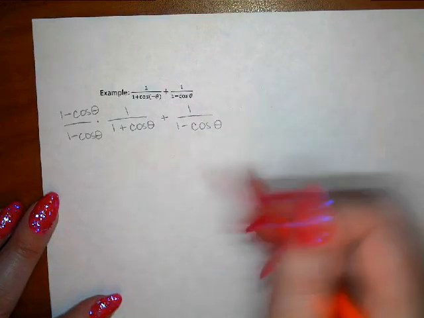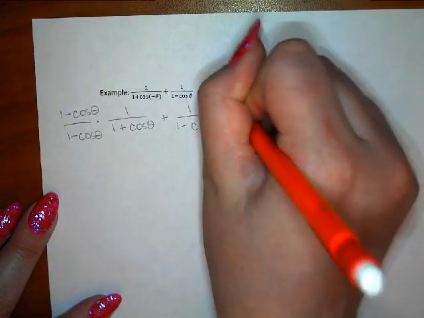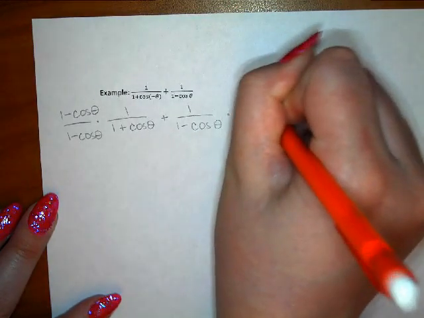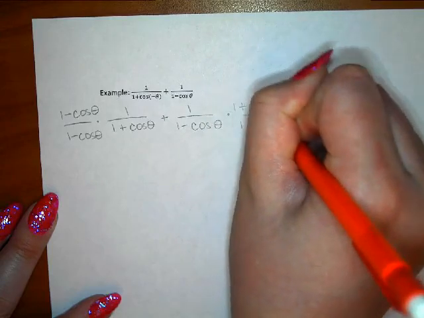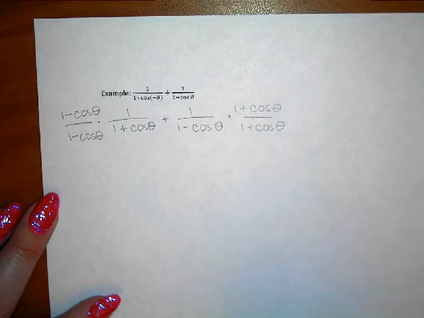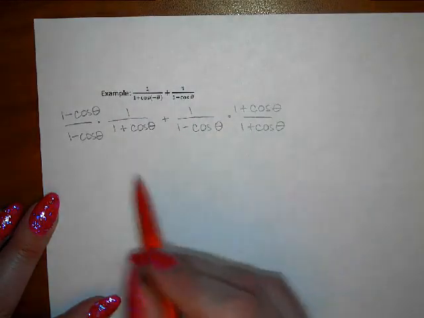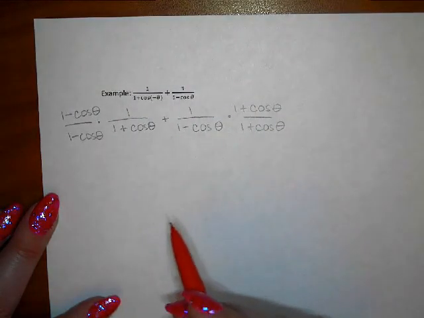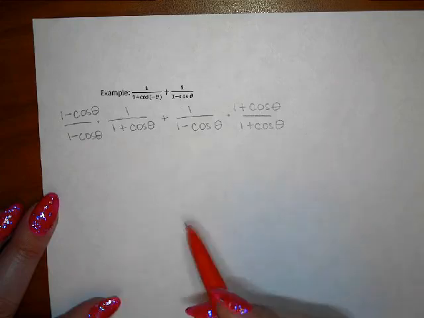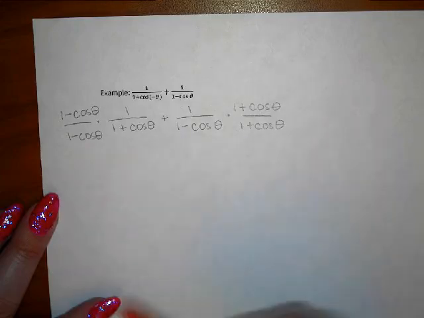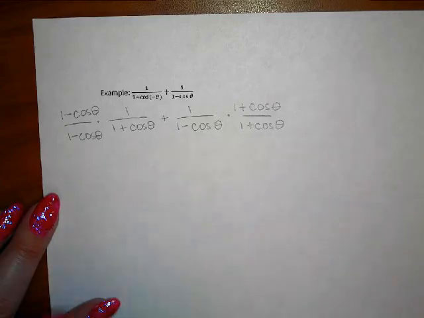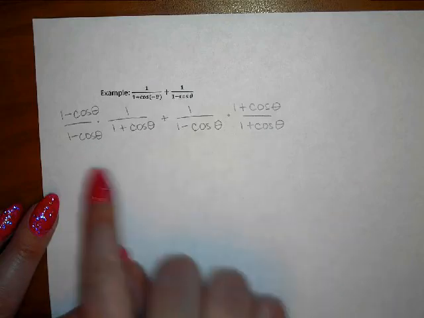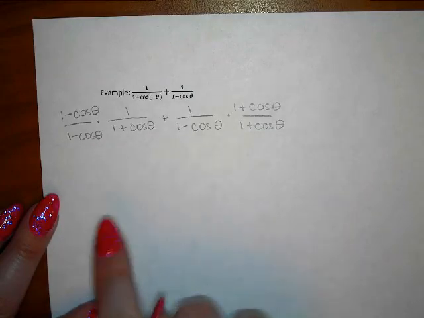And one thing that students often say to me when I'm doing problems like this is, it makes sense when you do it, but if I were to do it on my own, I would never know that that was what I should have done next. And my response to that is, the more we do these problems, the more you can start to recognize what to do next. So now, if you see two denominators with a 1 plus cos and a 1 minus cos, you can recognize that this is the next step.